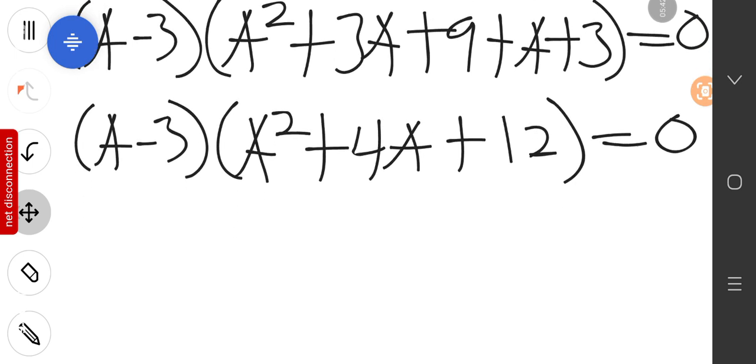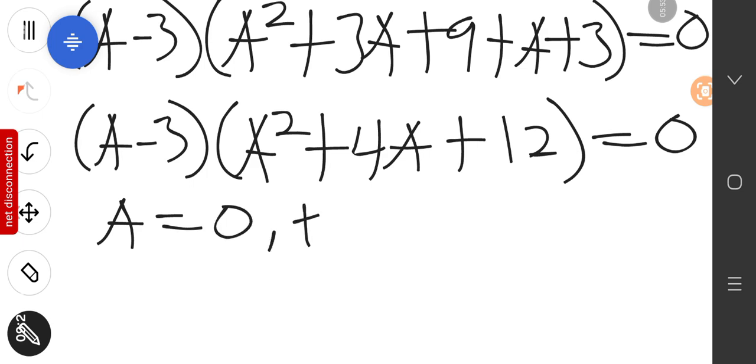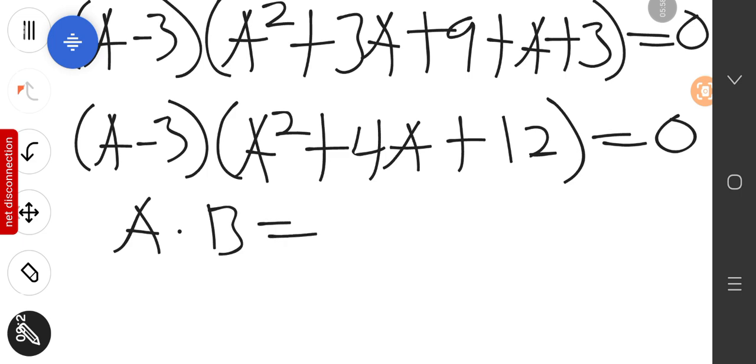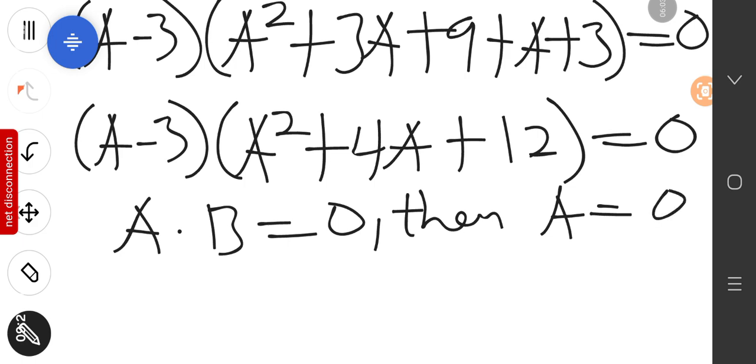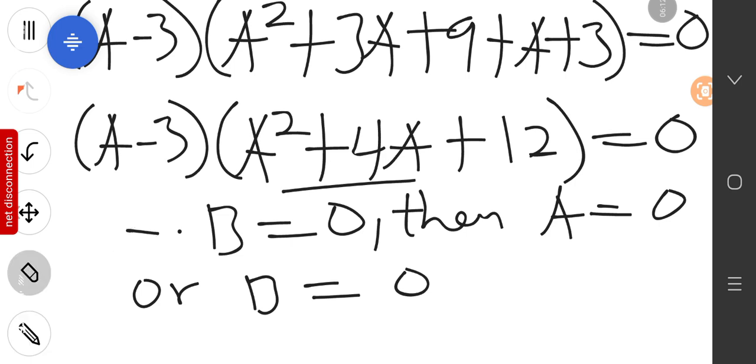So this is what we have. Now we are going to apply the zero product property. It says that if a times b is 0, then either a is 0 or b is 0. In this case, this part stands for a and this part stands for b.